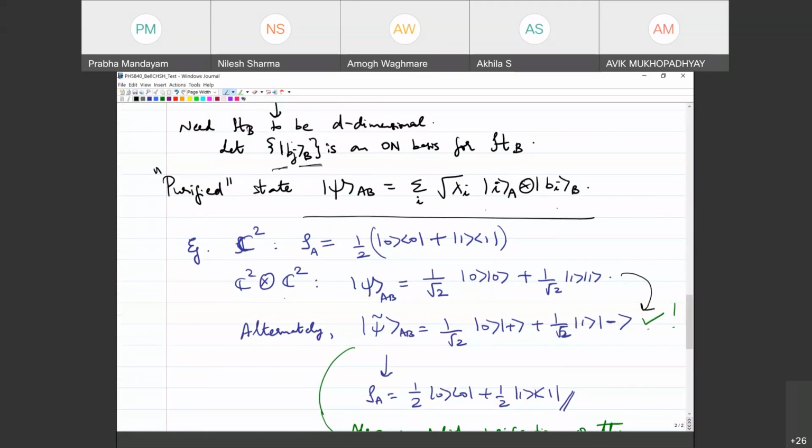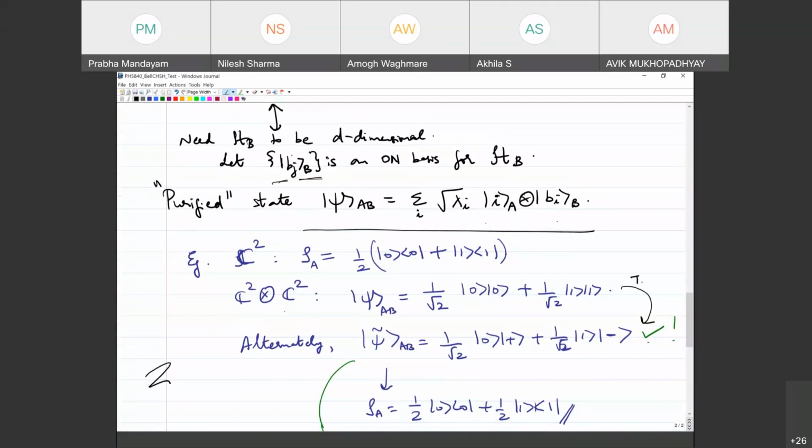Is there a way to transform from one to the other? In terms of gates, yeah, by applying Hadamard on the second particle. Exactly. By applying a Hadamard on the second system, so if I do this gate operation, which is identity on A tensor Hadamard on B. Okay, now it's a capital H, not the Hilbert space H. I can go to the second state.